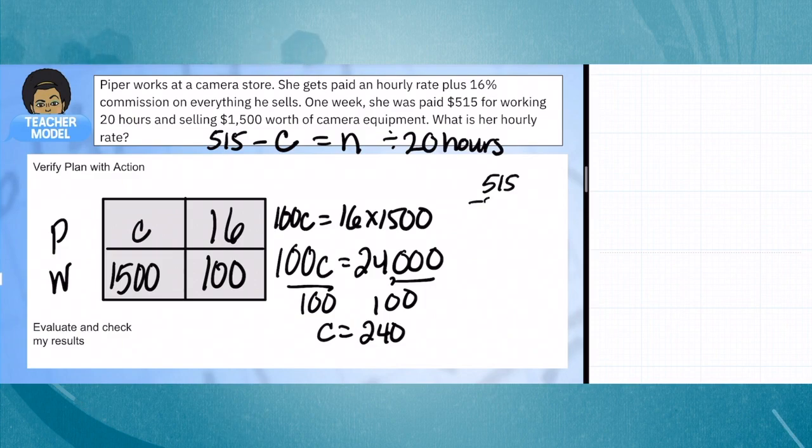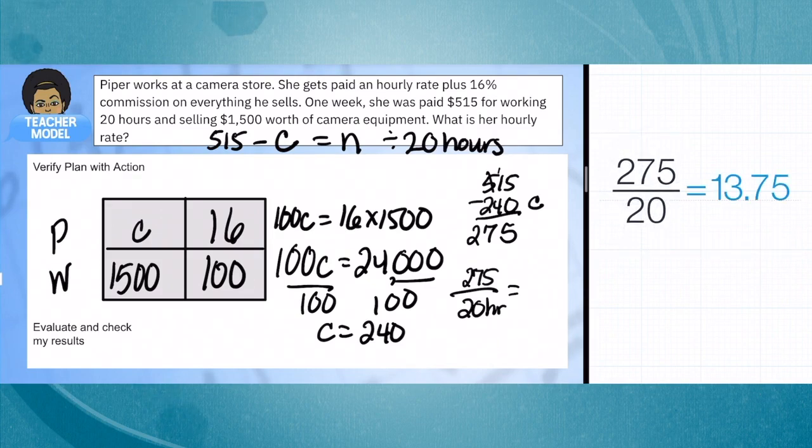Okay, so let's do the subtraction here. 515 minus 240, which was her commission, is $275. That's how much her regular pay would be. So now we're going to do our final step to find the hourly rate. We're going to divide this by 20 hours.